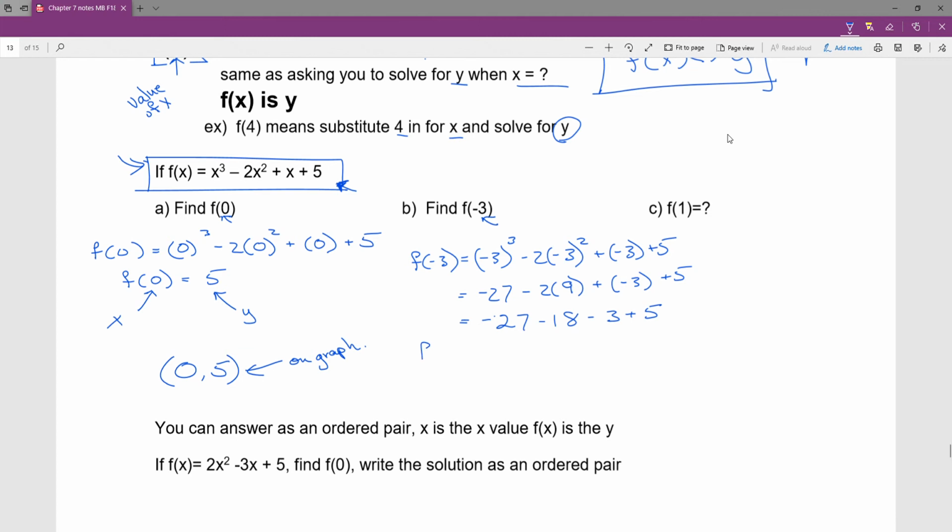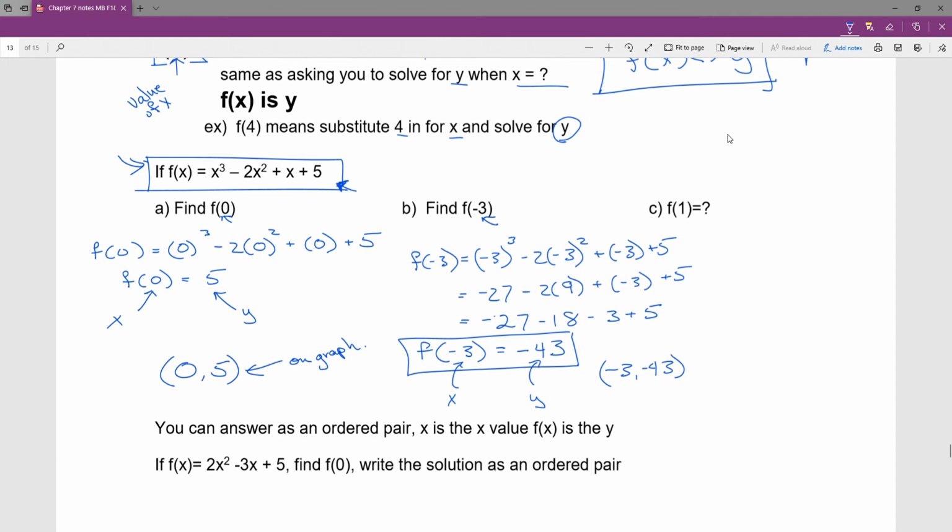I get a final answer of f at -3 being equal to -43. And again, the key bit here is what this really means. It means that (-3, -43) is a point on the graph because that -3 is your x value and the -43 is your y value.